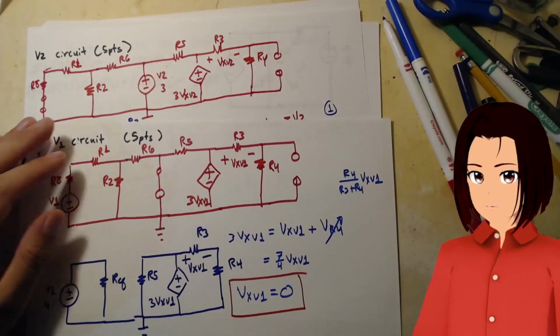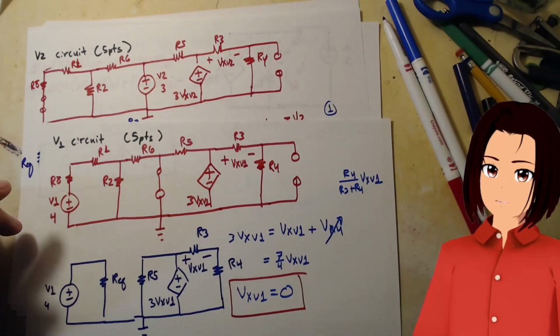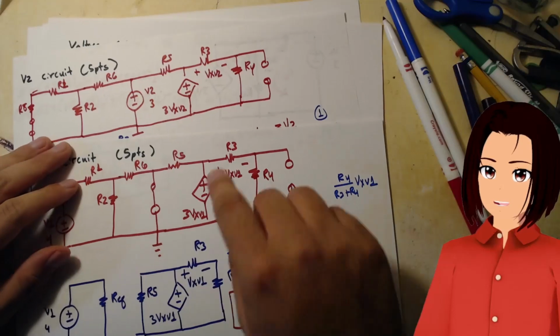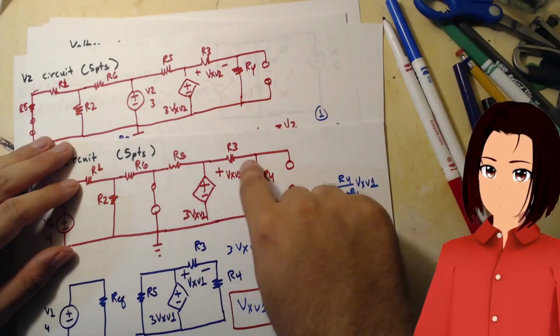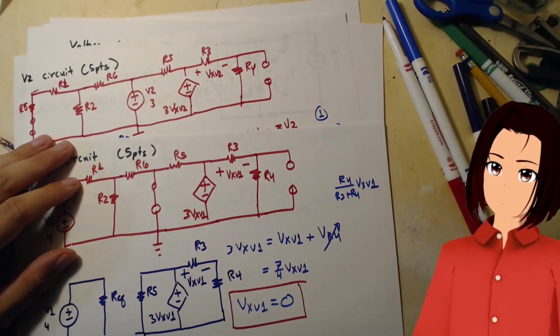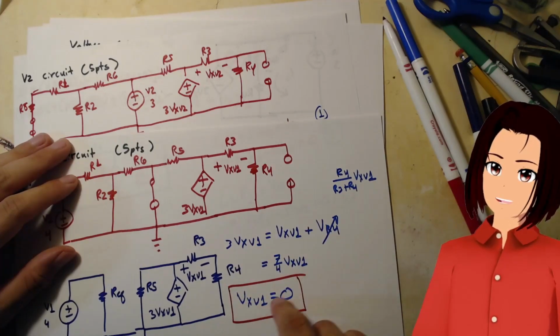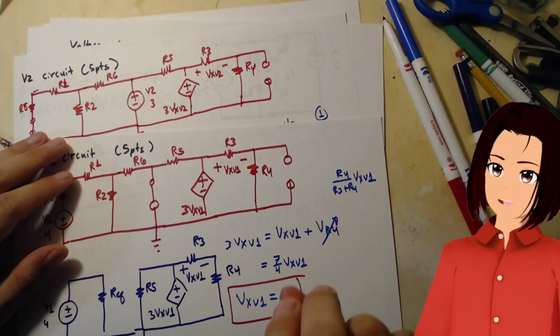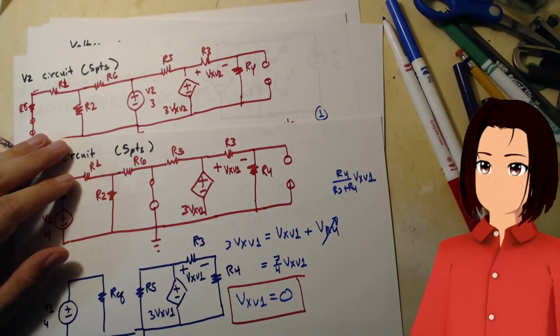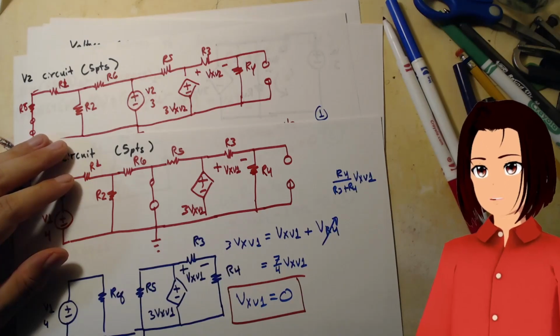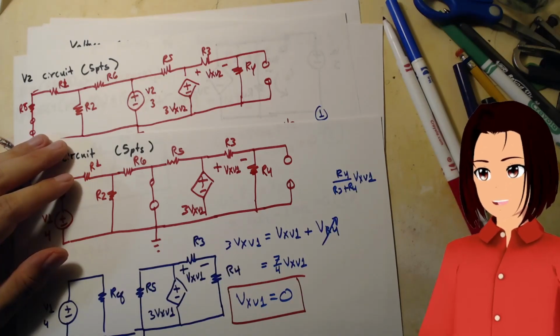So if you were to go back to the V1 and V2 circuits, you would see that looking at this right here, you can just find that relationship, which is this relationship right here. And then you can immediately tell that they should be contributing nothing. So if you could see that and do that real quick, this problem should not take more than like 10 minutes.